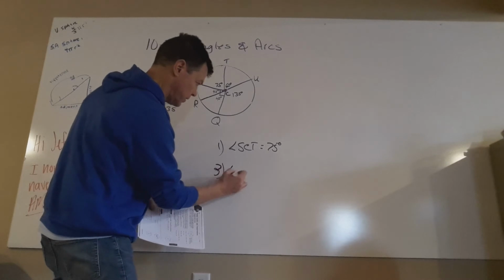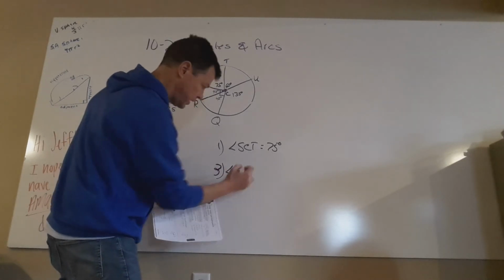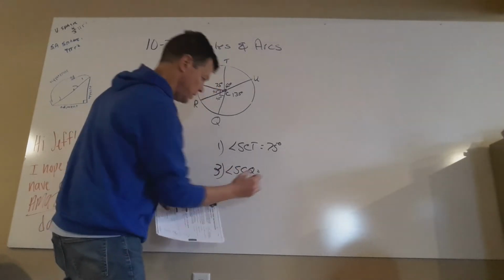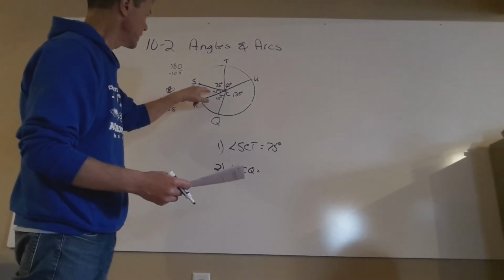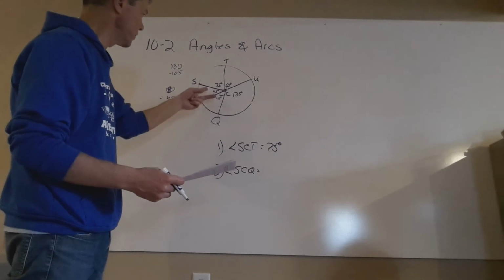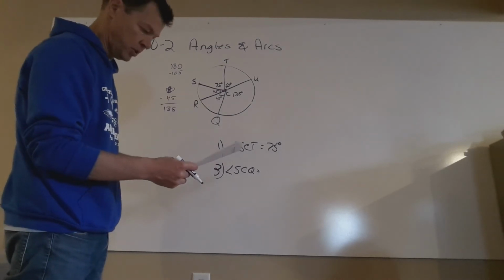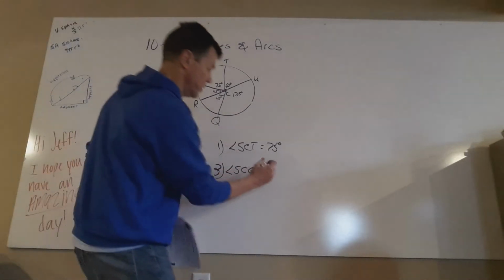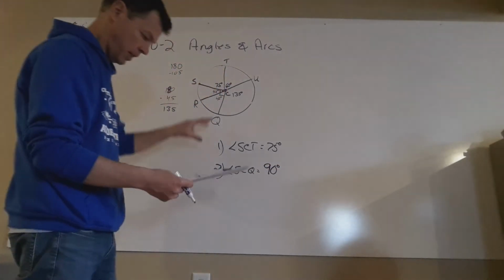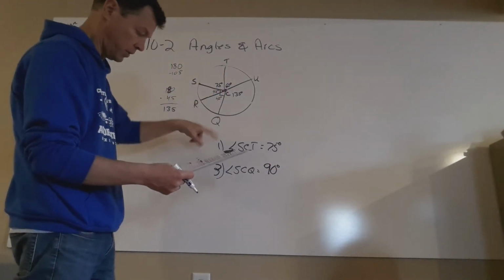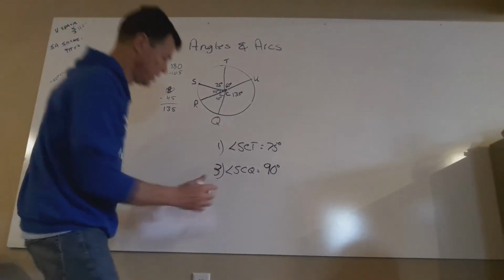Number 3, angle SCQ. This angle and this angle, well, 45 and 45 is going to be 90, but you can already see there's a right angle symbol in there. 90 degrees. That's 1 and 3, and you can figure out 2 and 4.